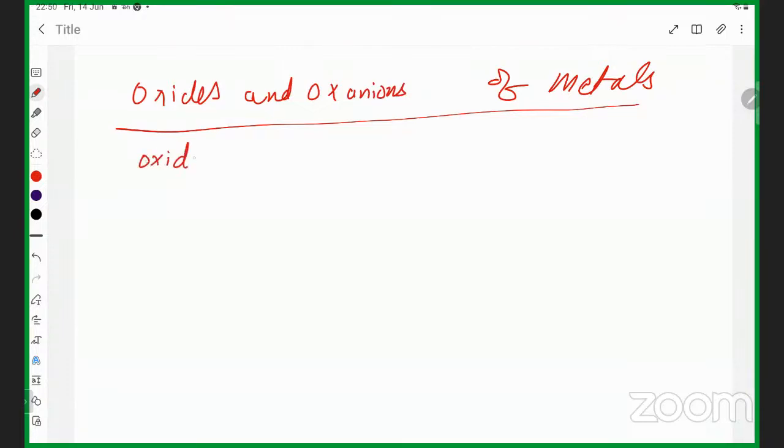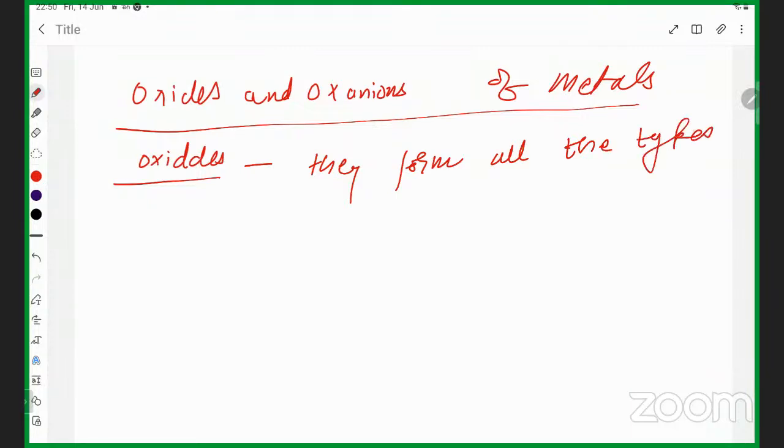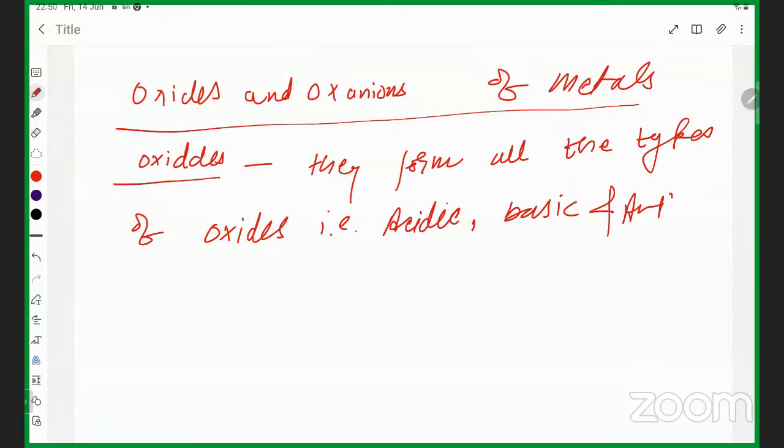So oxides, if you talk about oxides, they form all types of oxides, that is acidic, basic, and amphoteric.